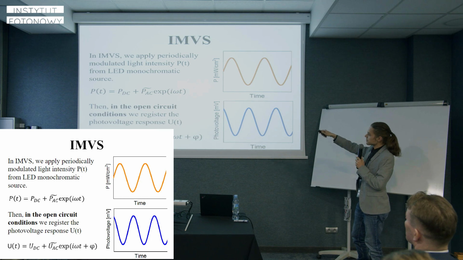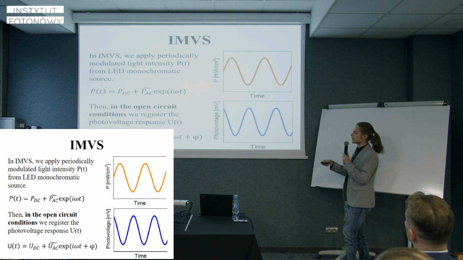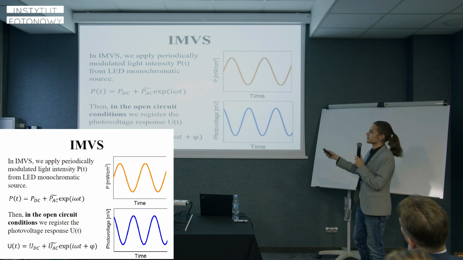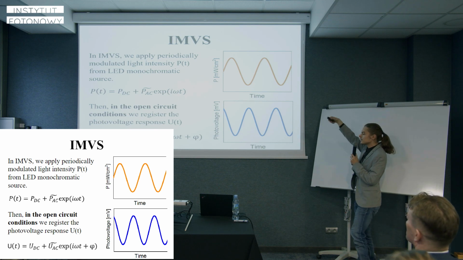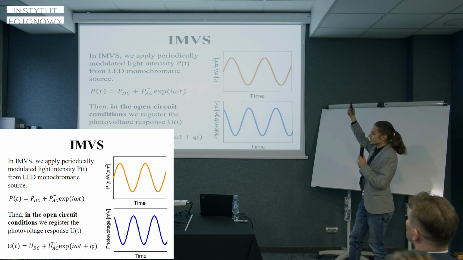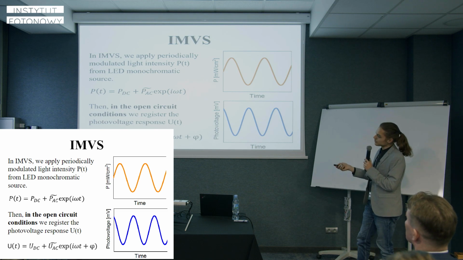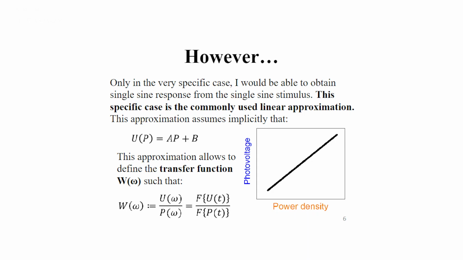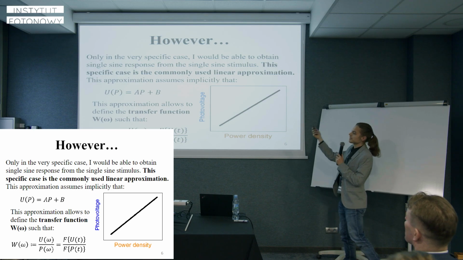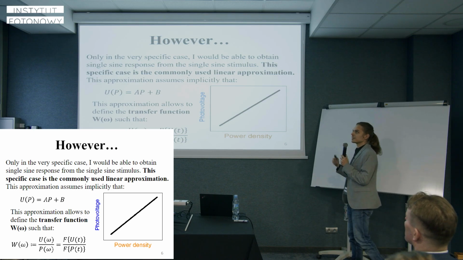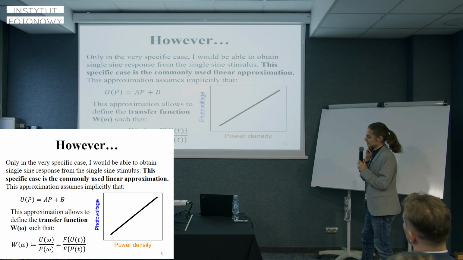And this relationship can be captured by those simple equations. Exponential as the input and exponential on the output. And if this were the case, I would be able to develop the concept of a transfer function, like this Fourier transform of a photovoltage divided by the Fourier transform of a power density.